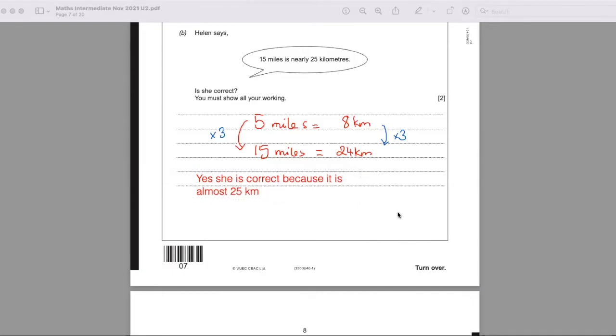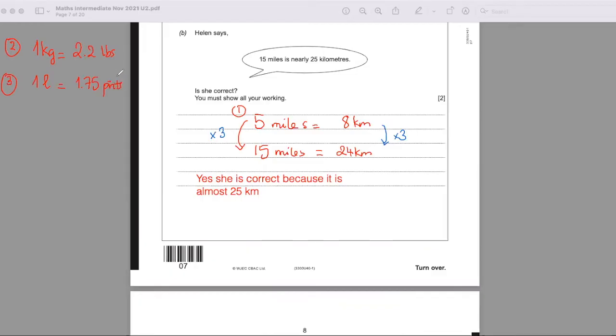That's it. Okay, now in GCSE, they do expect you to know 3 conversions. The first one is this one, number 1. The second one is 1 kilogram is 2.2 pounds. And the third one, which is quite difficult, quite nasty, I don't like this one because it's hard to remember. It's 1 liter equals 1.75 pints.